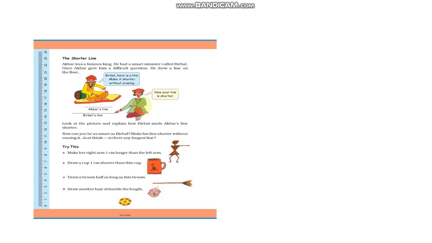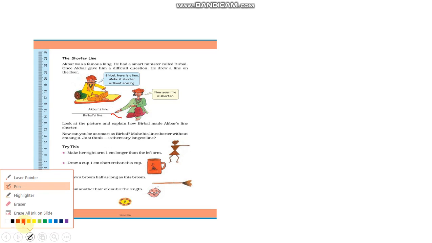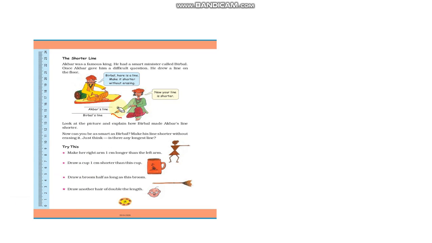Birbal is a very genius man. What did he do? He did not erase the line, and he drew a bigger line next to it.